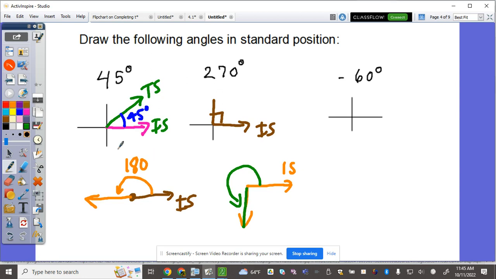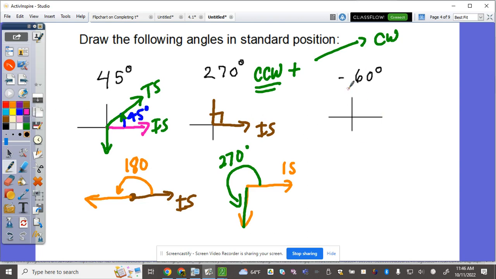This goes below the x-axis, that is 270 degrees. If you notice, all movement of the angles here are moving CCW. What does CCW stand for? Counterclockwise. If it goes counterclockwise, the angle is positive.